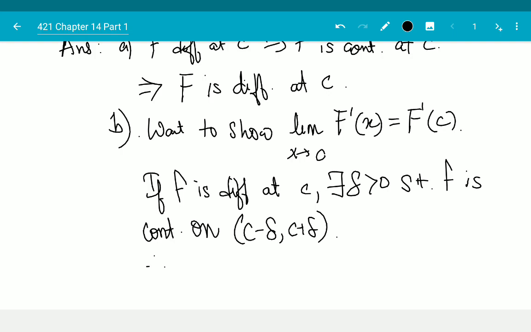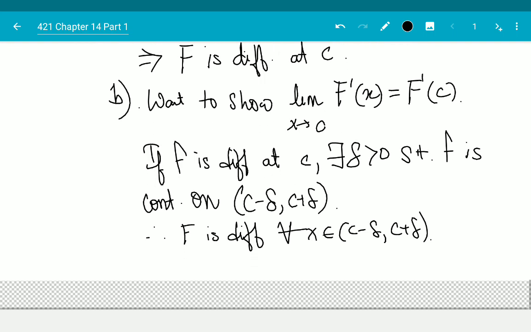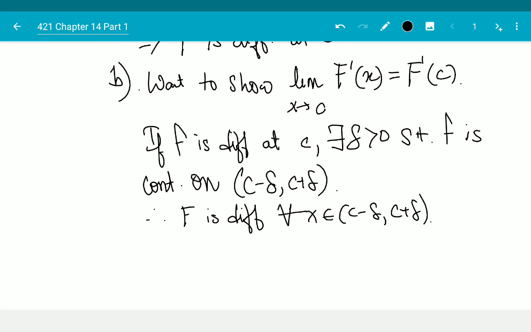And therefore f is differentiable for every x between c minus delta and c plus delta, right?